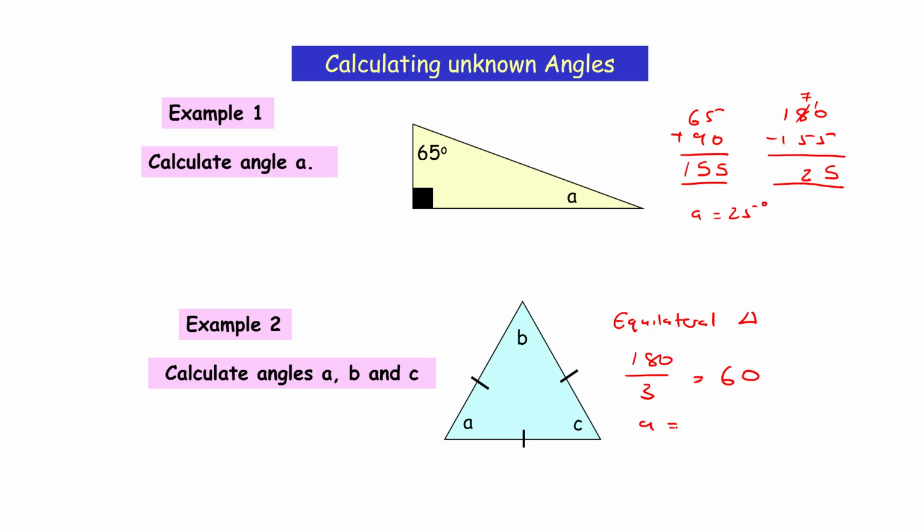So A equals B equals C, all equal 60 degrees each. Okay, so hit pause, copy the diagrams down, copy the workings out, and once you've done that, hit play again. We'll have a look at a couple more examples.